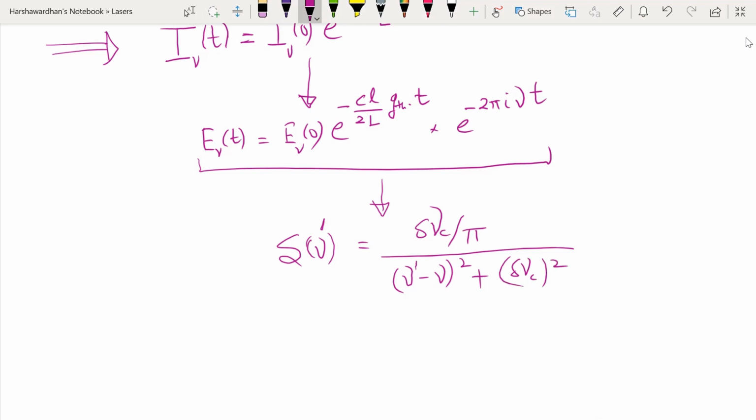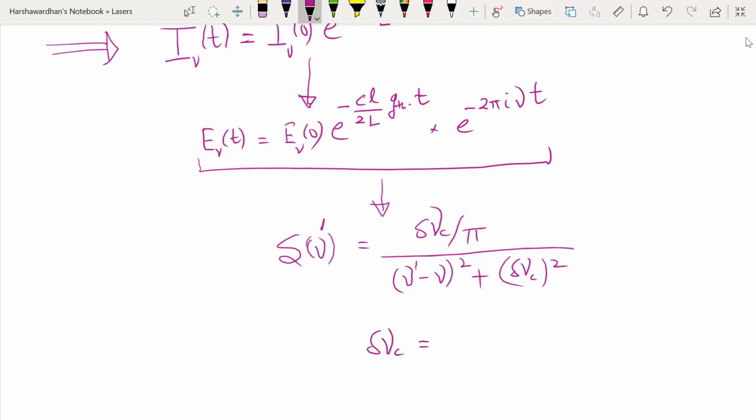Remember, nu is the fixed frequency of the oscillation, and this is the spectrum about it because we are looking at its width. And you see that delta nu c is precisely what we had identified earlier.